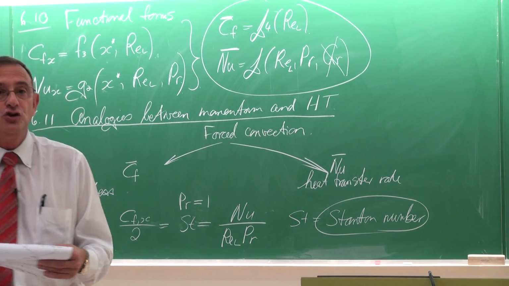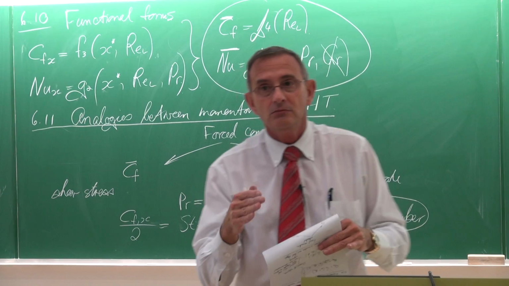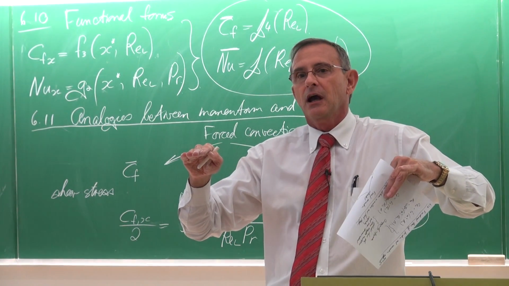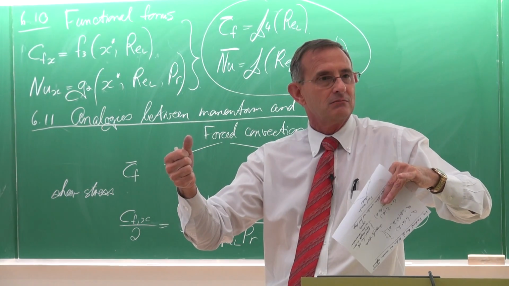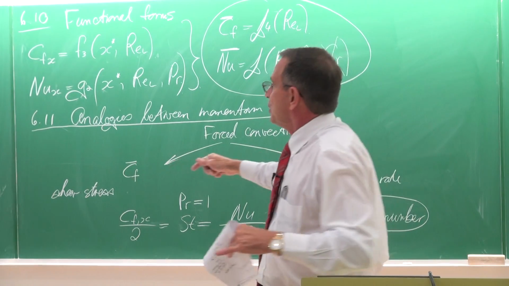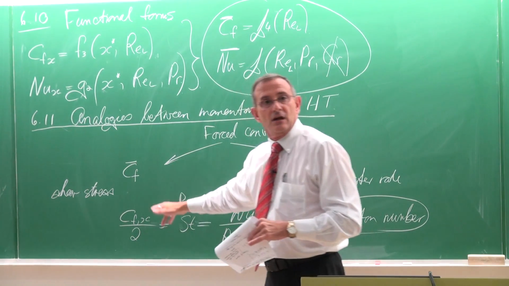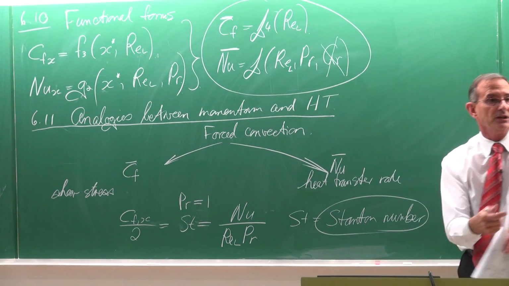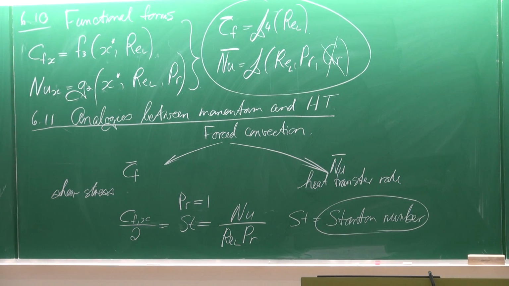It means that if you do an experiment in a wind tunnel to determine the drag on a flat plate, and all you measure is velocities and the drag on the plate, you can get the friction coefficient, CF, and when you have that, you can actually determine the Nusselt number from it, and then you know what the heat transfer characteristics will be. So that's a very special thing written by these equations.